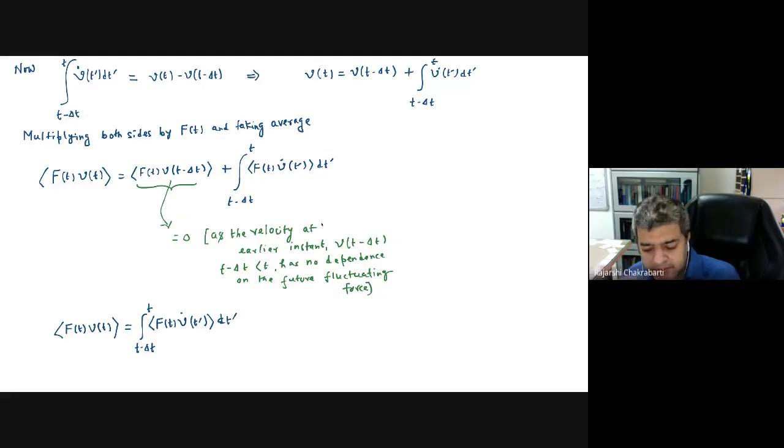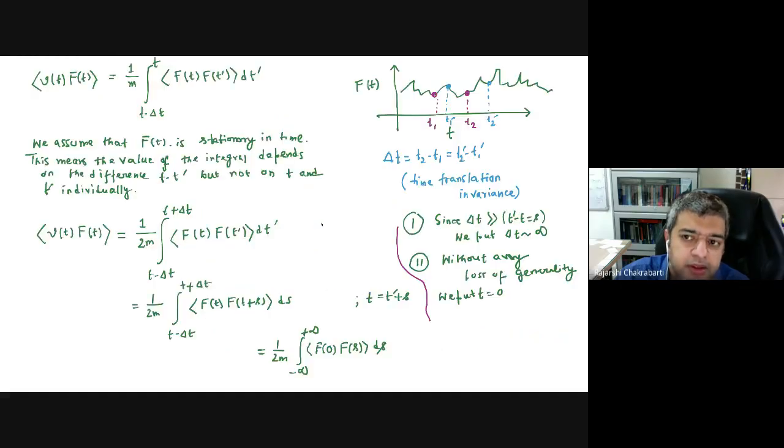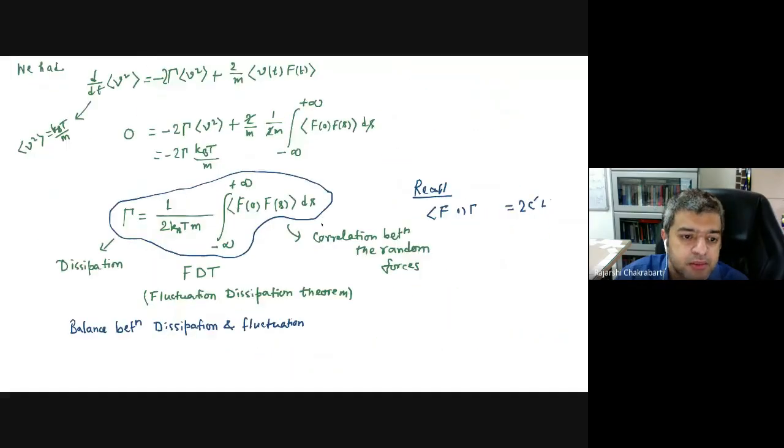Then we did quite lengthy math, and we derived this expression where the friction, which is related to dissipation, is related to this integral of the random force correlation at two different times.